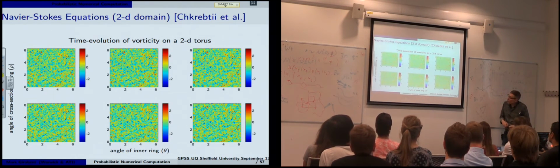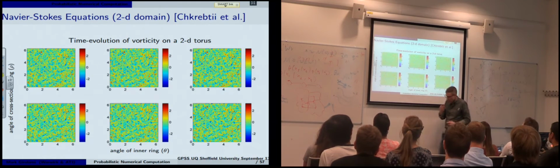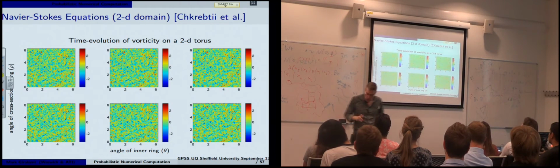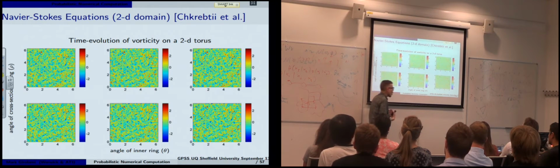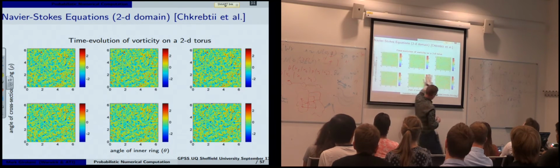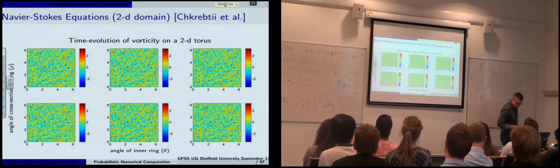And what I'm showing you here are 6 realizations of a solution drawn from a posterior probability measure describing the Navier-Stokes equations.